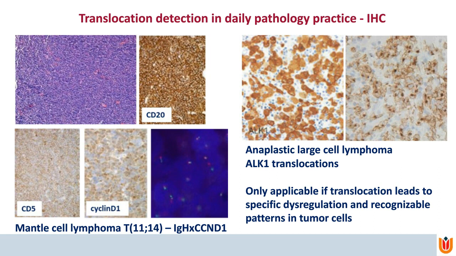Similarly, on the right-hand side, you see an example of anaplastic large cell lymphoma with ALK1 translocation, and in this case, the immunohistochemistry even gives us a clue to the translocation partner, showing either a combined nuclear and cytoplasmic expression, as you see in the left-hand panel, or a cytoplasmic expression pattern only on the right-hand side that is dependent on the translocation partner.